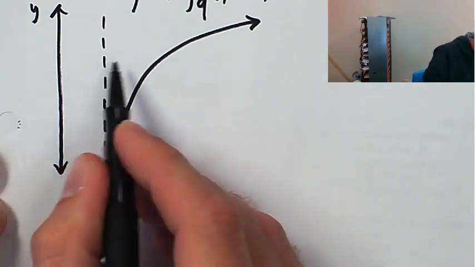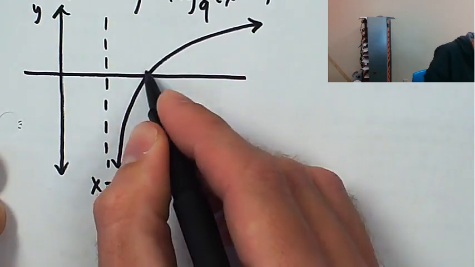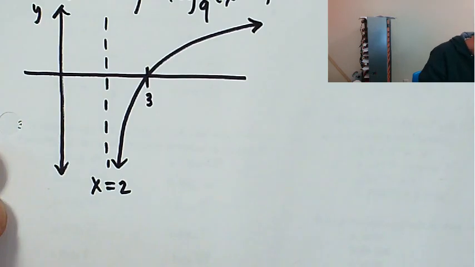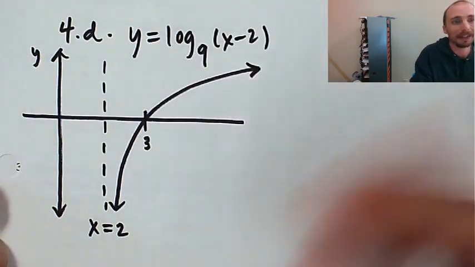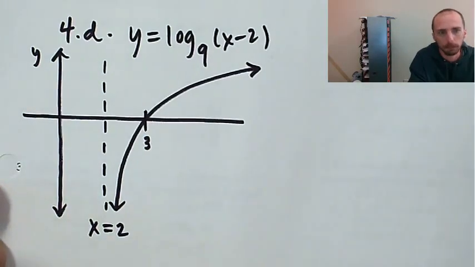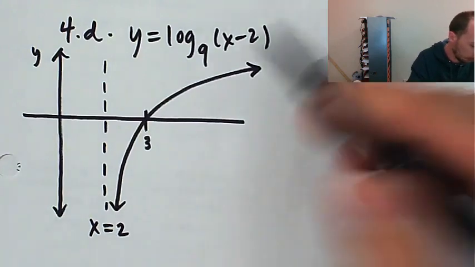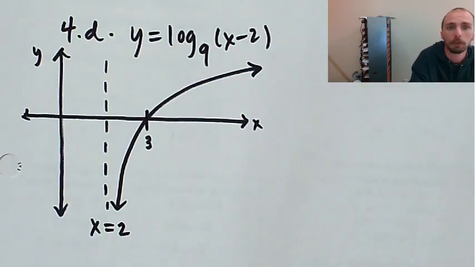So that means that 3 will be my x-intercept. We didn't do f of 0, but had we done f of 0, it would have been log base 9 of negative 2, and that doesn't exist. So that's fitting with what we're seeing. Also, the domain is x bigger than 2. All right, that's going to be all for this graph. I guess I could label these axes, and then it would be a really nice graph.